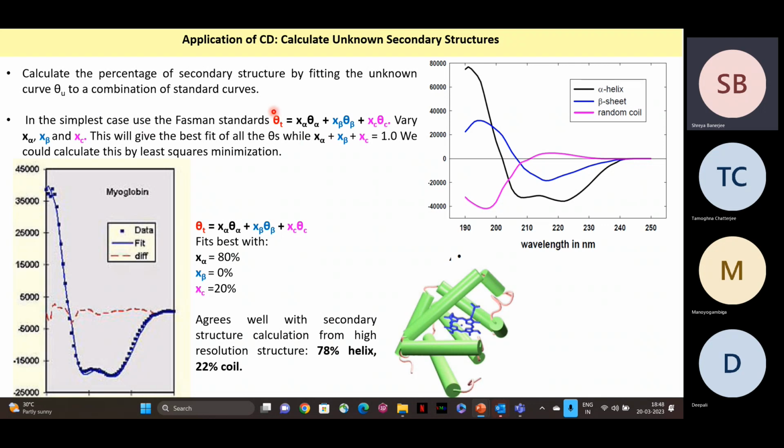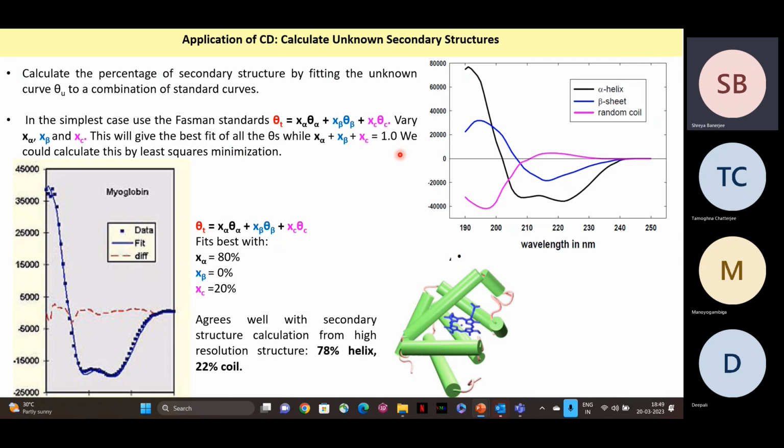Basically, the formula is that theta t, or the observed CD spectra, is x alpha theta alpha plus x beta theta beta plus xc theta c, where x alpha, x beta, and xc are the percentages of alpha helix, beta sheet, and random coil respectively. And theta alpha, theta beta, theta c are the CD signatures of alpha helix, beta sheet, and random coil.